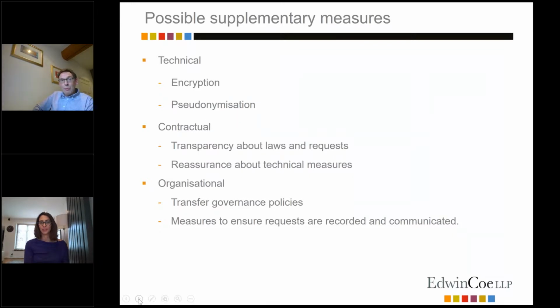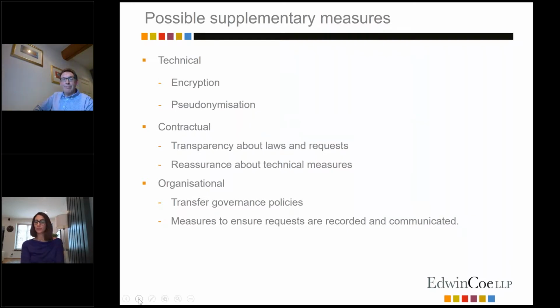And then you bolster those technical measures with contractual measures. Perhaps you oblige the exporter to be transparent about what its law's like or how many requests it's had in the past, and you get it to reassure you about the technical measures it has in place. And then lastly, you put in place some organisational measures.